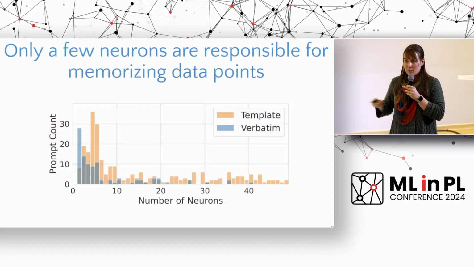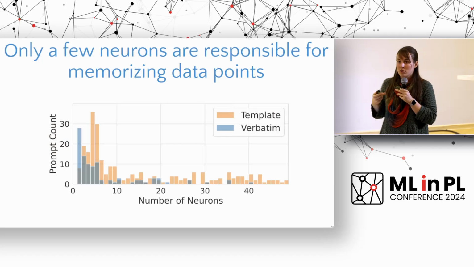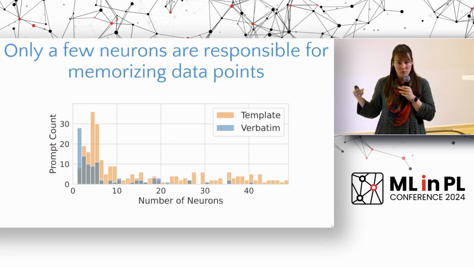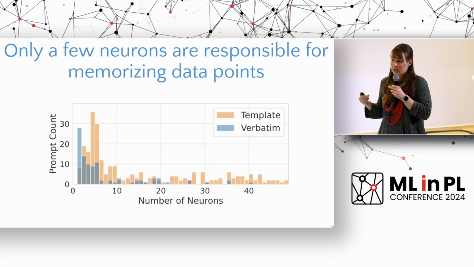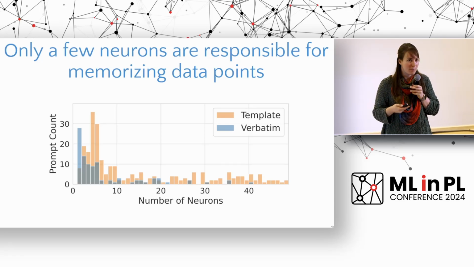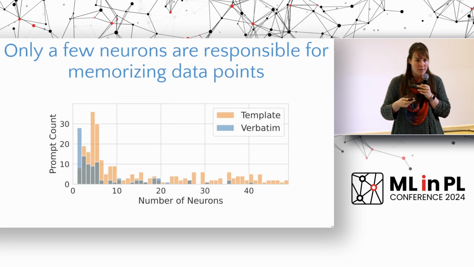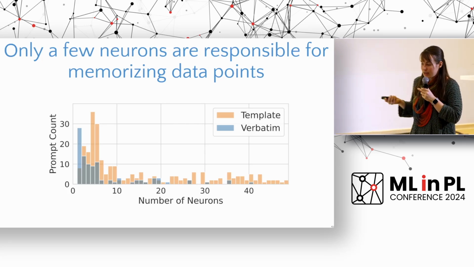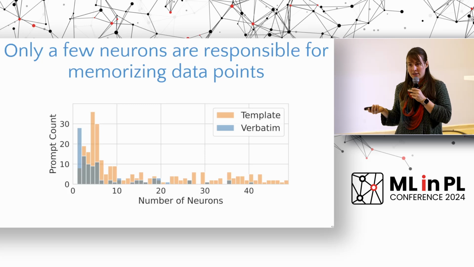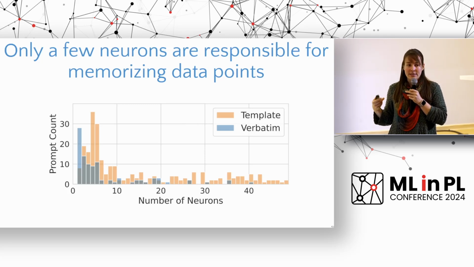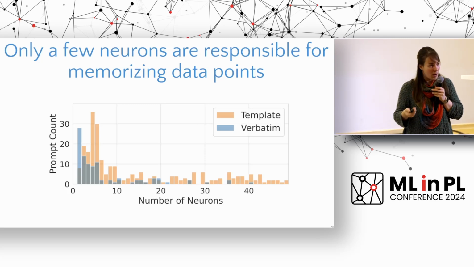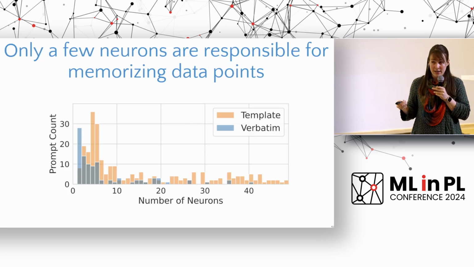To quantify this, we looked over all the 500 memorized prompts that we have, and looked at how many neurons each of them needs to be completely unmemorized. What we see is that especially for verbatim memorization, it's usually less than a handful of neurons that are memorizing this particular data point.